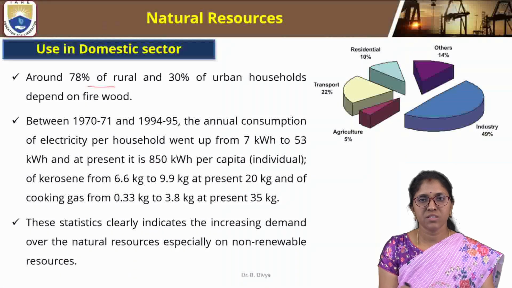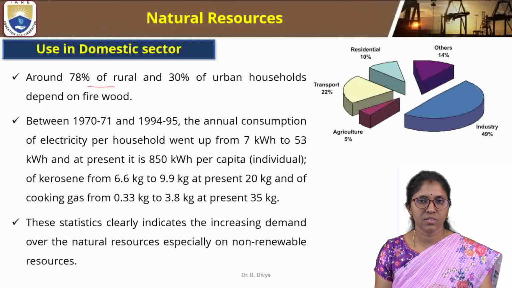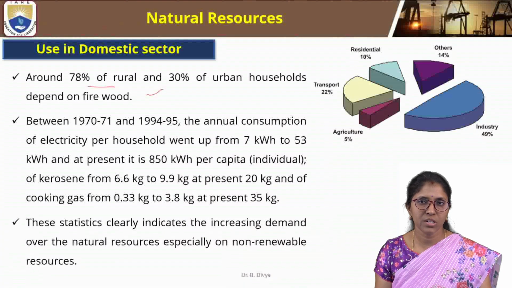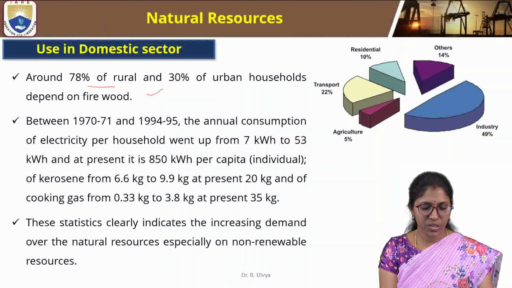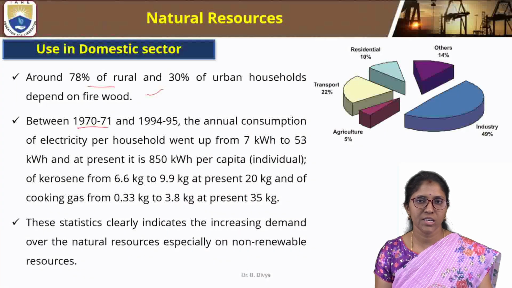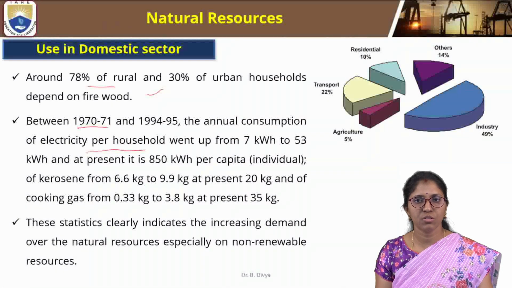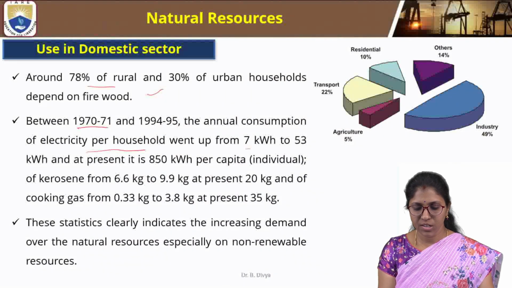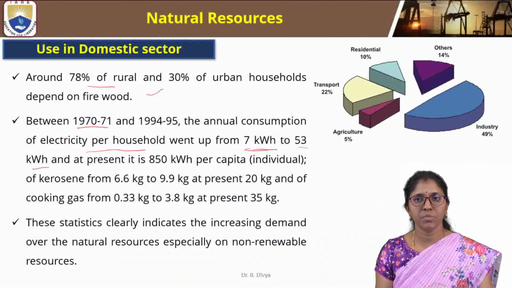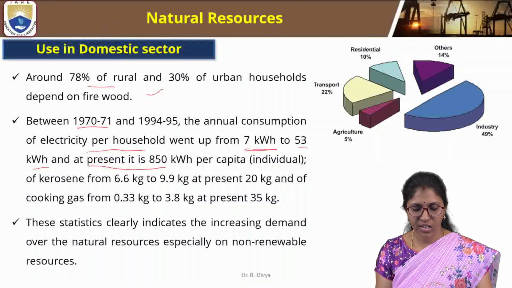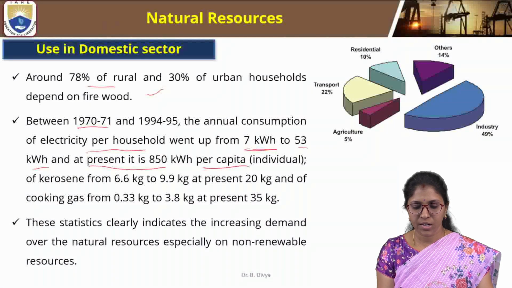Around 78% of rural and 30% of urban households depend on firewood. Between 1970 to 71 and 1994 to 95, the annual consumption of electricity per household went up from 7 kilowatt hours to 53 kilowatt hours, and at present it is 850 kilowatt hours per capita.